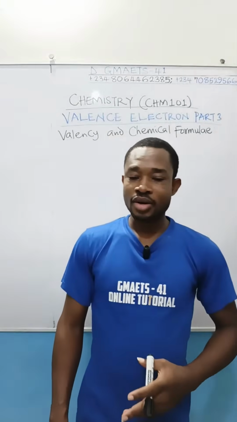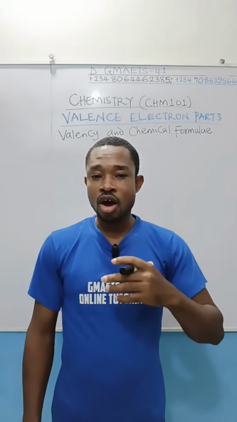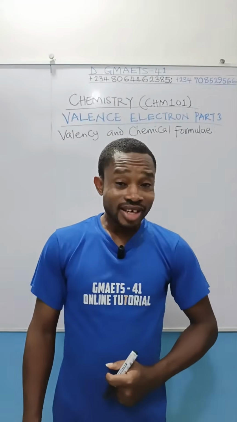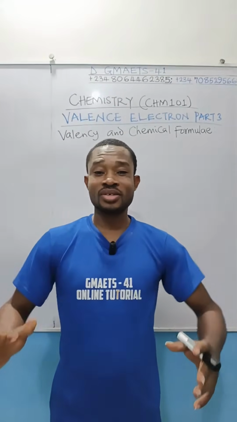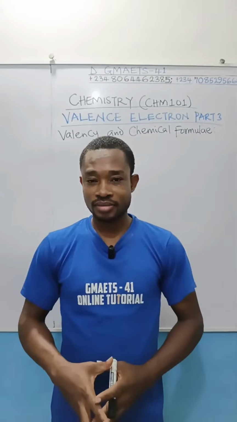You would recall that in our previous class, I already taught you the concept of valency of elements and the concept of radicals and their valency. So I want to believe you have done your job before this class.